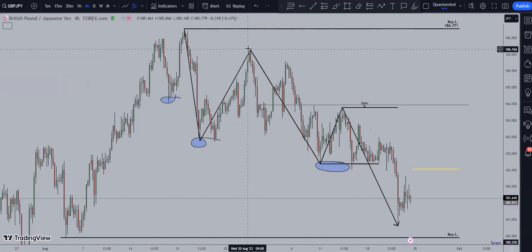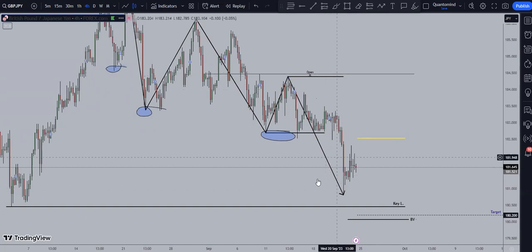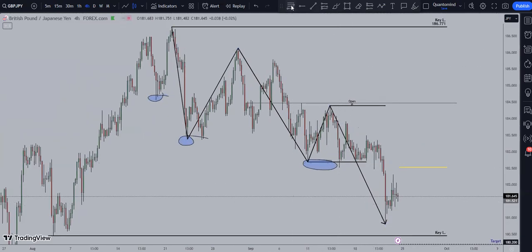Is it 1, 2, 3, 4? No. It's 1, 2, 3. Four. And the fifth wave. So what's going to happen on the fifth wave? Let's see. I want to validate this a little bit more.